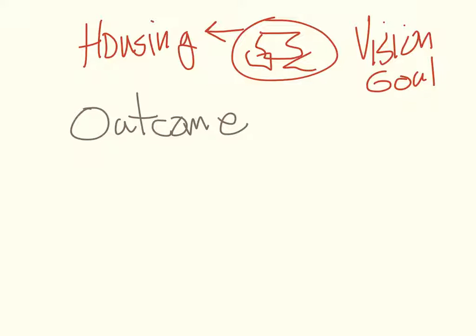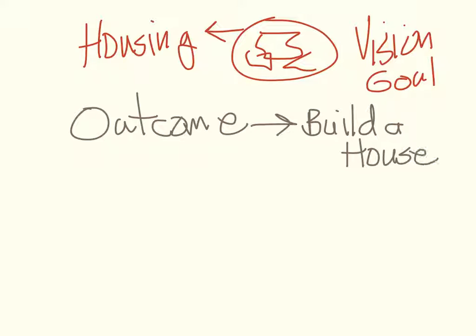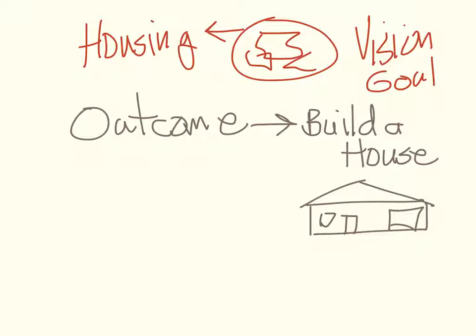An outcome would be the student should be able to build a house. I like that. Students should be able to build a house. Okay? Maybe it's a ranch house. Maybe a garage and so forth. So that's our outcome. Need to be able to build a house.